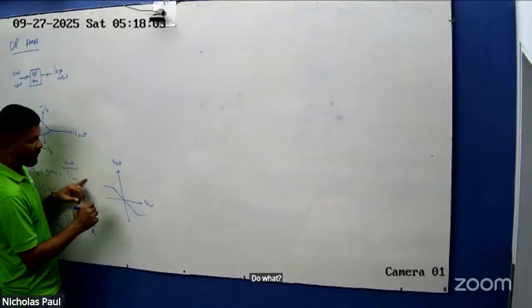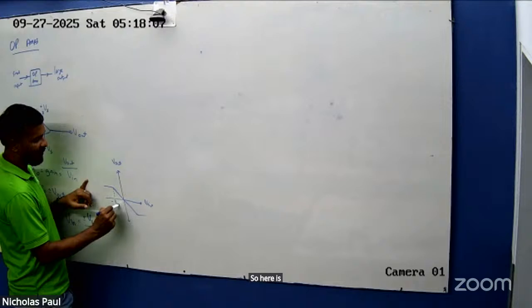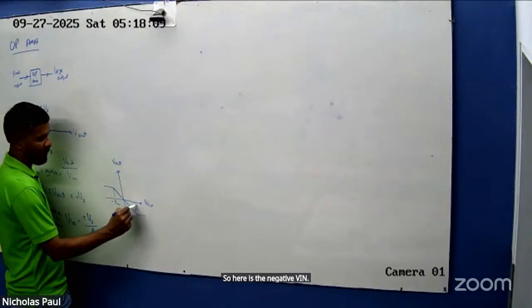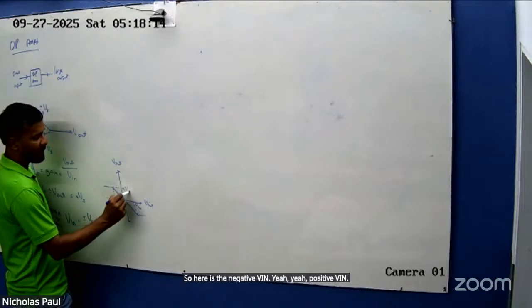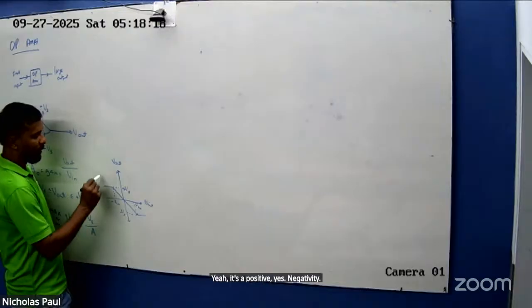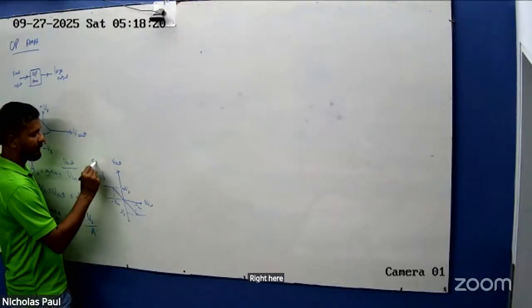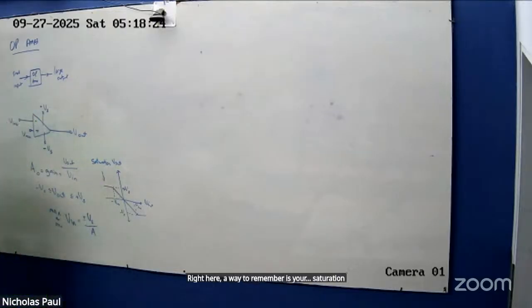Saturation. Right? So here is your negative VN, here is your positive VN, here is your positive VS, and negative VS.